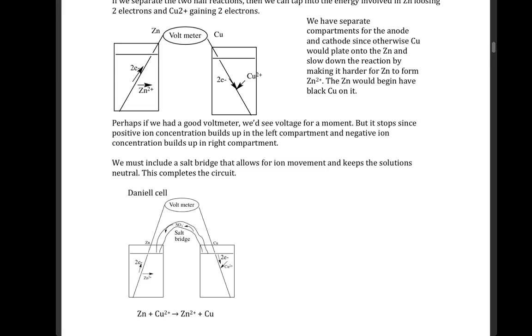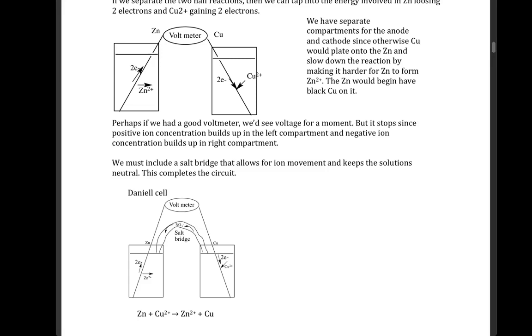So if we had a voltmeter to measure the drive to make this happen, we would see initially a voltage, but it would stop very quickly. In fact, we probably would never see a voltage. But let's pretend for a moment we saw a voltage. It stops, though, given our setup in that diagram, because as zinc 2+ forms, the left compartment would start becoming more positively charged.